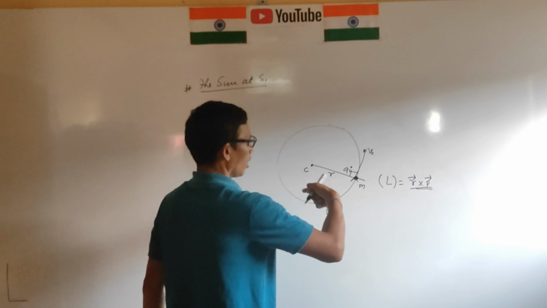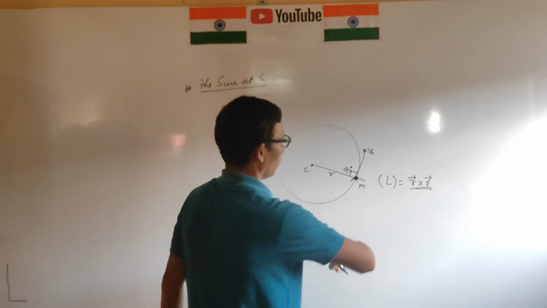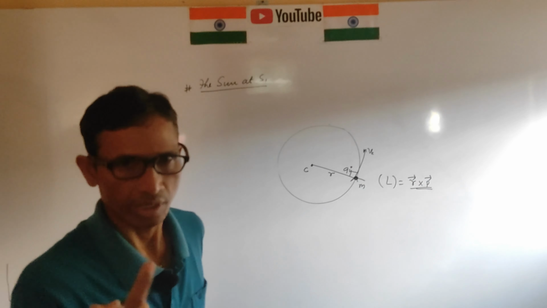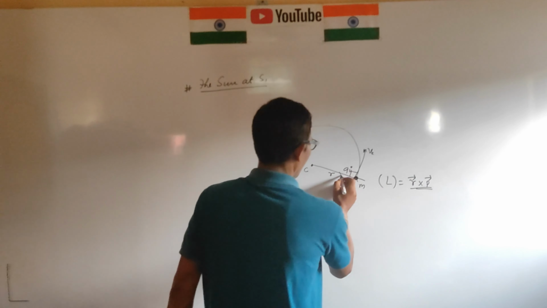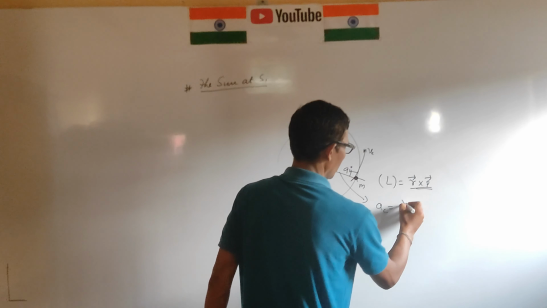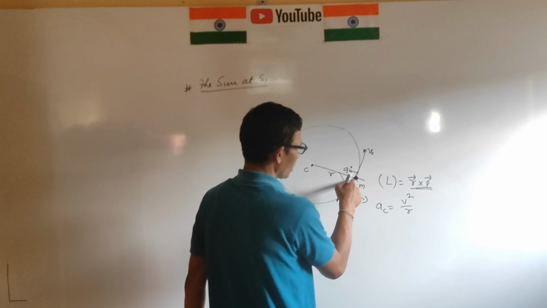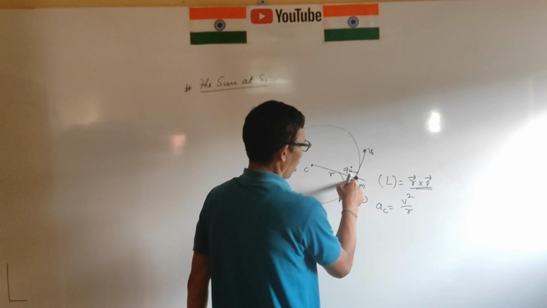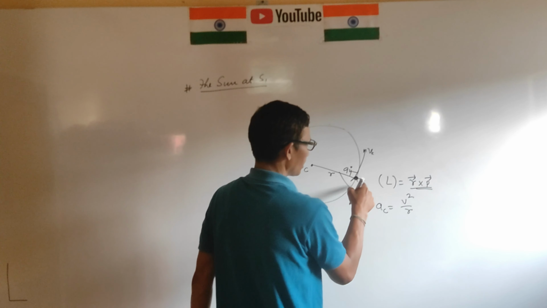When the body has angular momentum, there will be a circular path, and when you have a circular path, there will be the acceleration v squared by r. When the body of mass m moves here, then there will be the centripetal force.